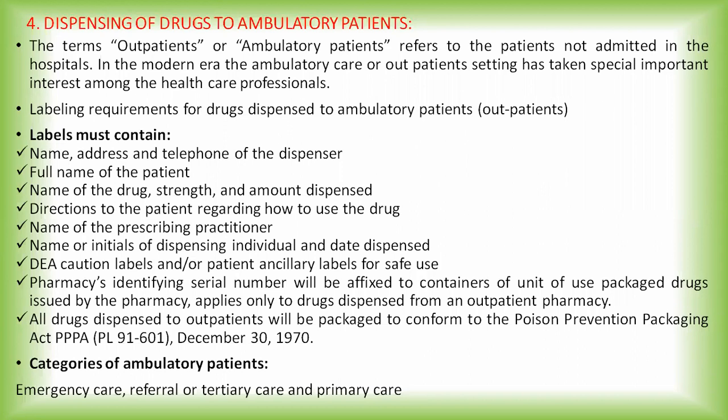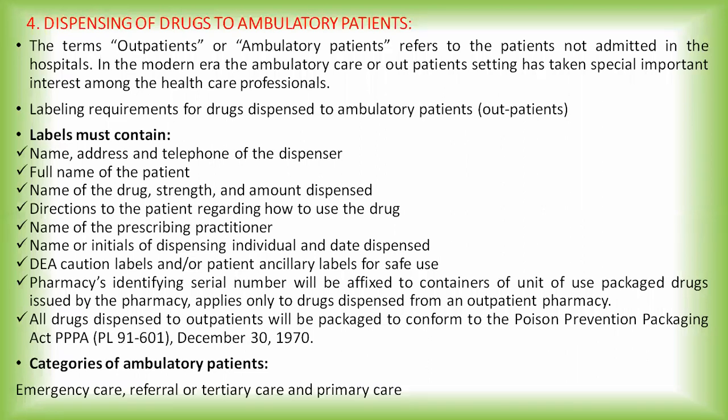Next in the label, it must contain pharmacy's identifying serial number which has to be affixed to the container of unit of use packaged drugs issued by the pharmacy. So whatever the serial number is there, it has to be affixed. Okay, so it applies only to drugs dispensed from an outpatient pharmacy. All drugs dispensed to the outpatient will be packed to conform to the Poison Prevention Packaging Act, that is PPPA.